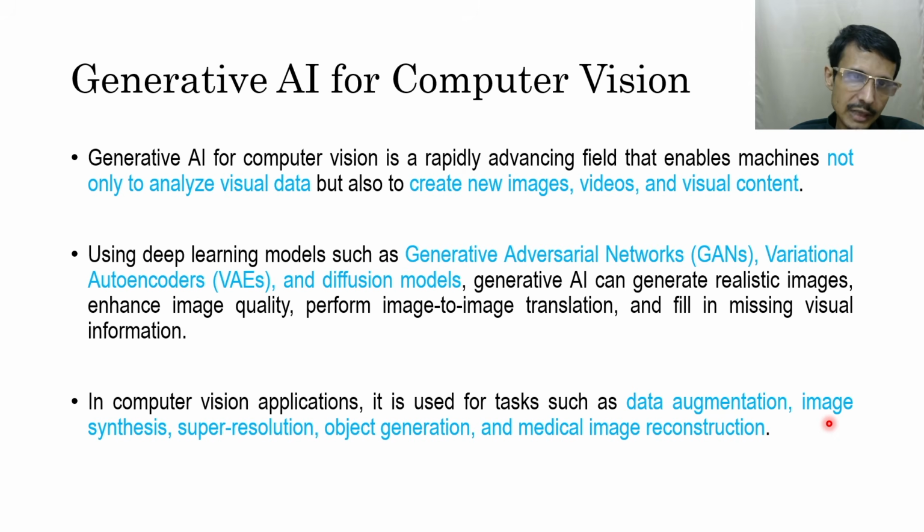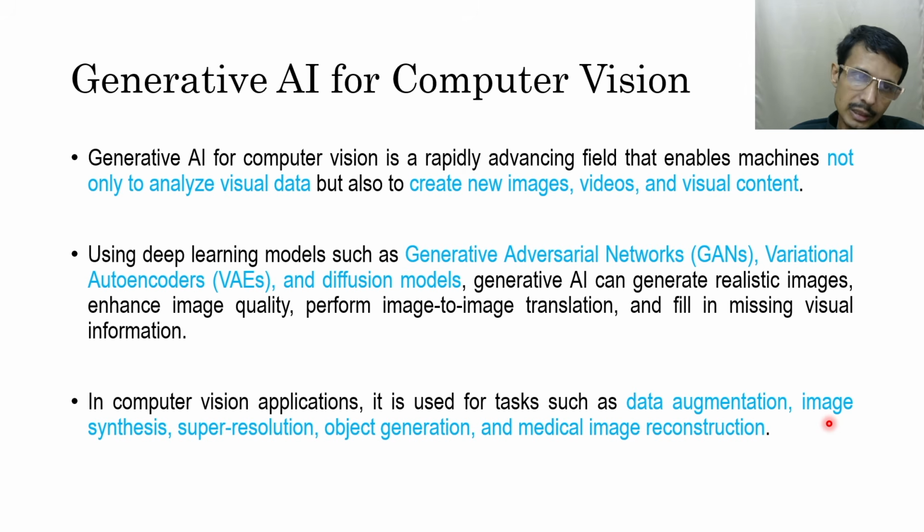As we know, in computer vision previously, we were analyzing the visual data to predict something. But here we extend this work to create new images, videos or visual content. So that is one of the major aspects of generative AI for computer vision.